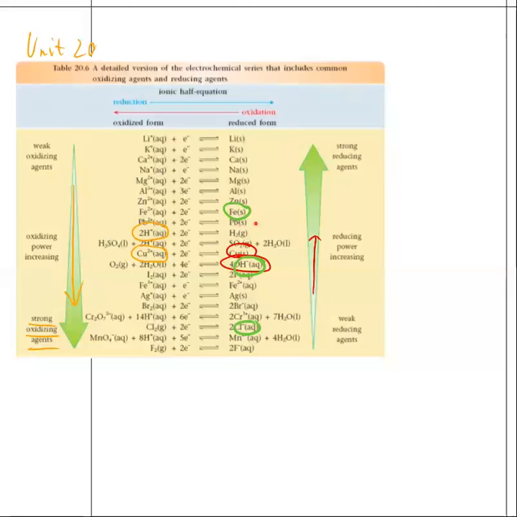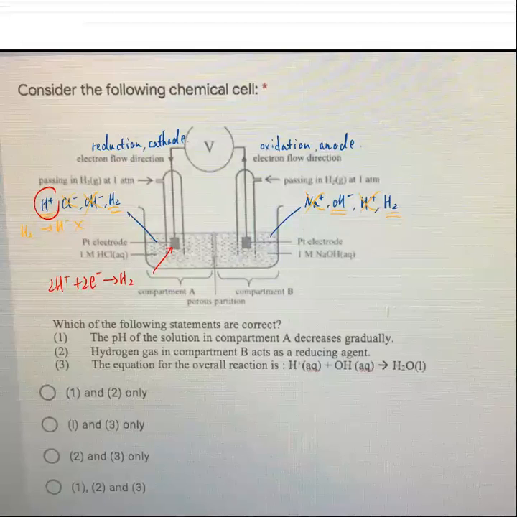So you can see hydrogen is at a higher position, so it would prefer to lose the electron. Okay, hydrogen. So it will actually be hydrogen that becomes hydrogen ion. Okay, so the equation would be like this.